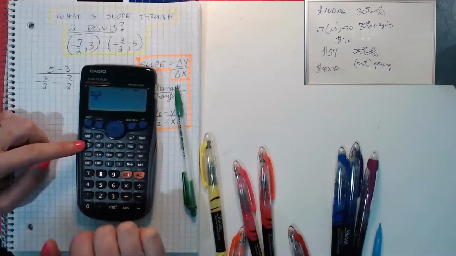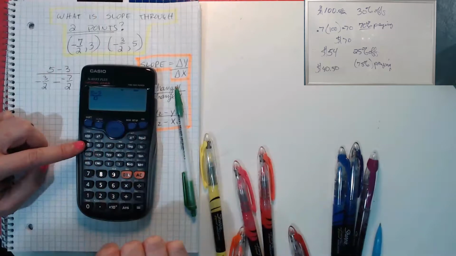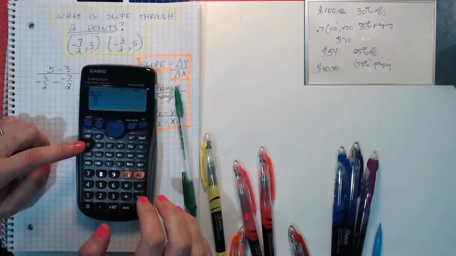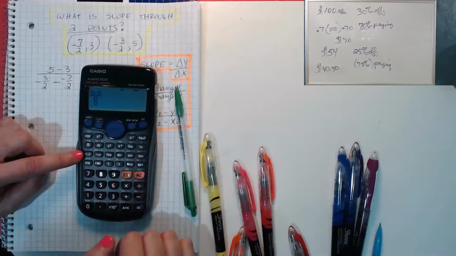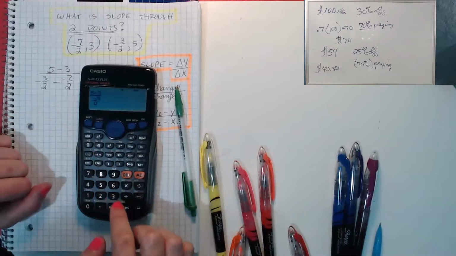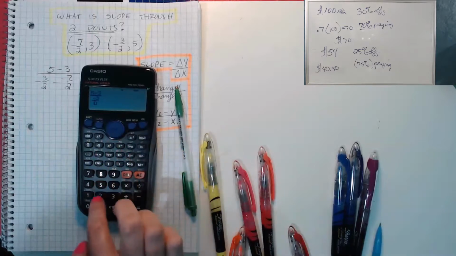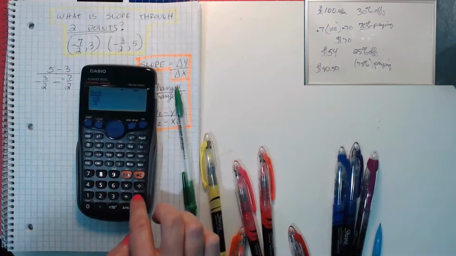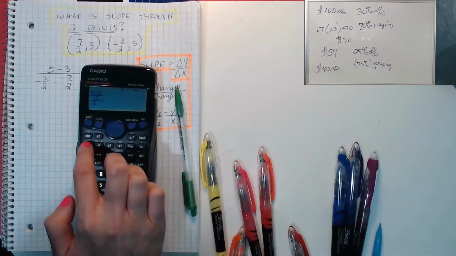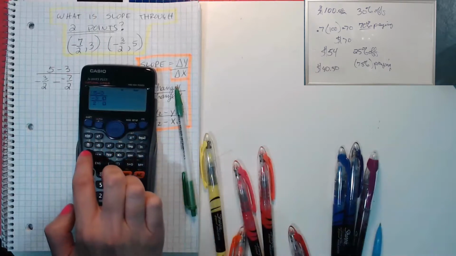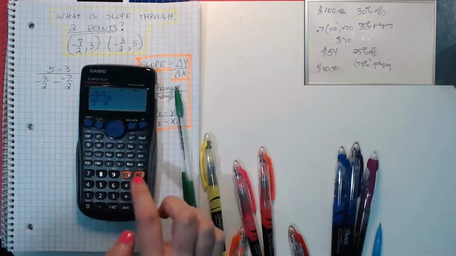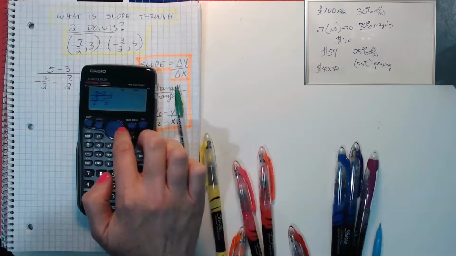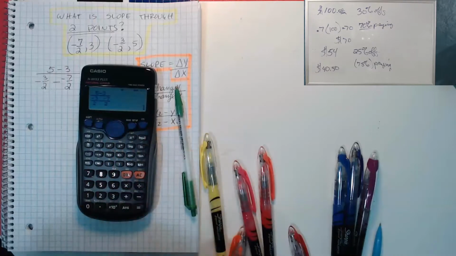Now here you're going to have to hit the fraction again. Okay. We're going to hit the fraction and then hit this negative 3 over 2, go to the right, minus another fraction, negative 7 over 2, toggle to the right, equal.